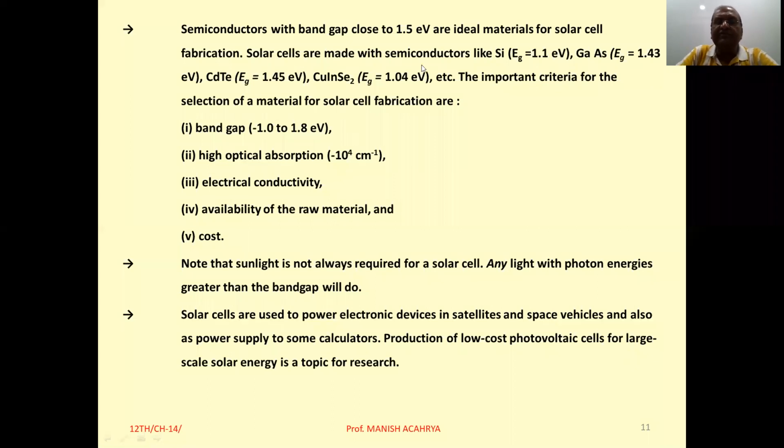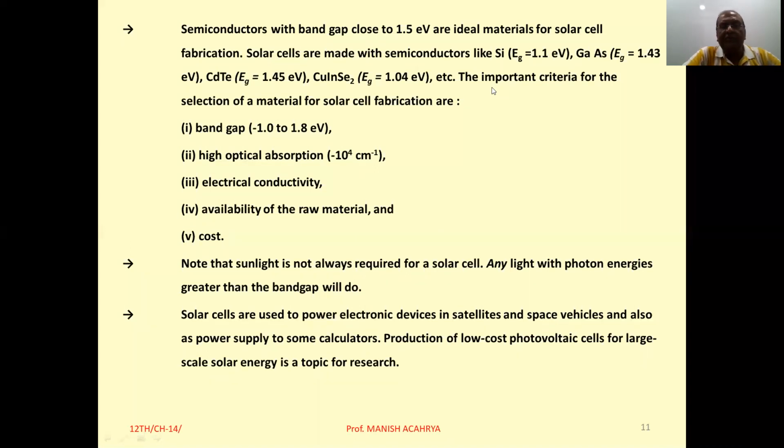Solar cells are made with semiconductors like silicon, gallium arsenide, CdTe, and CuInSe2. See here, band gap energies of all are given to you.